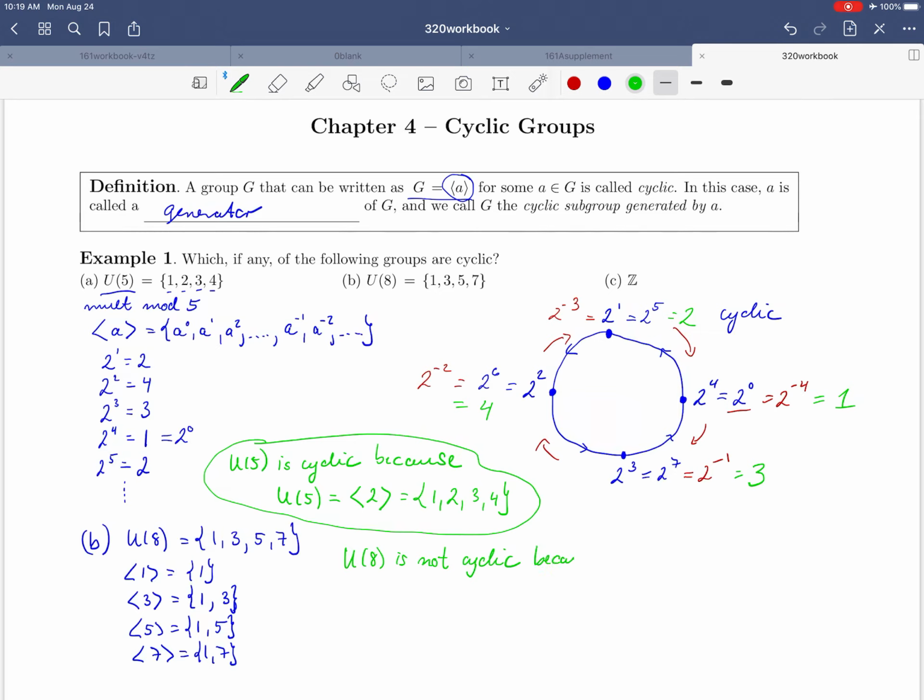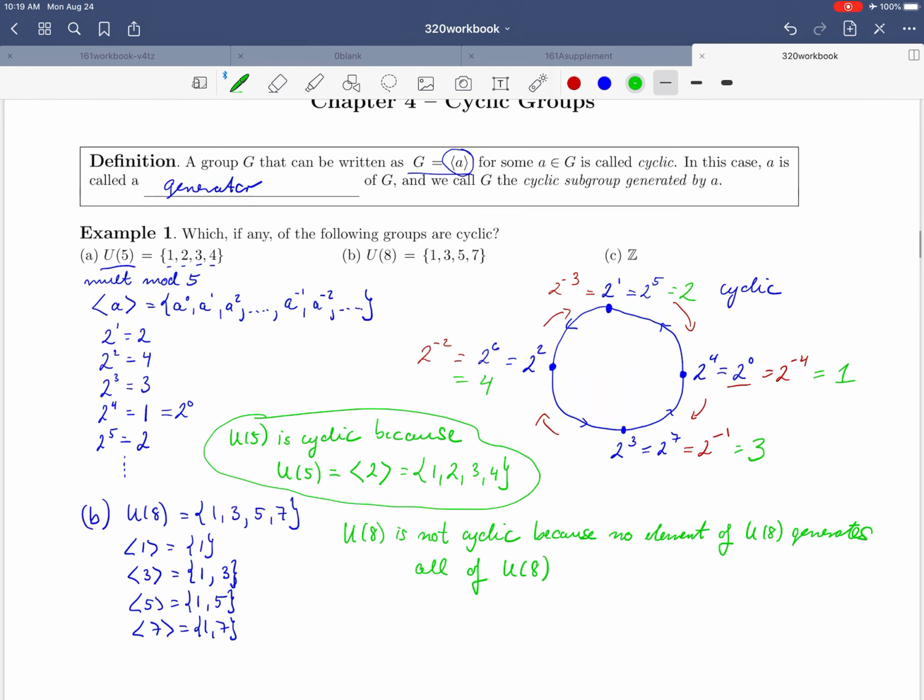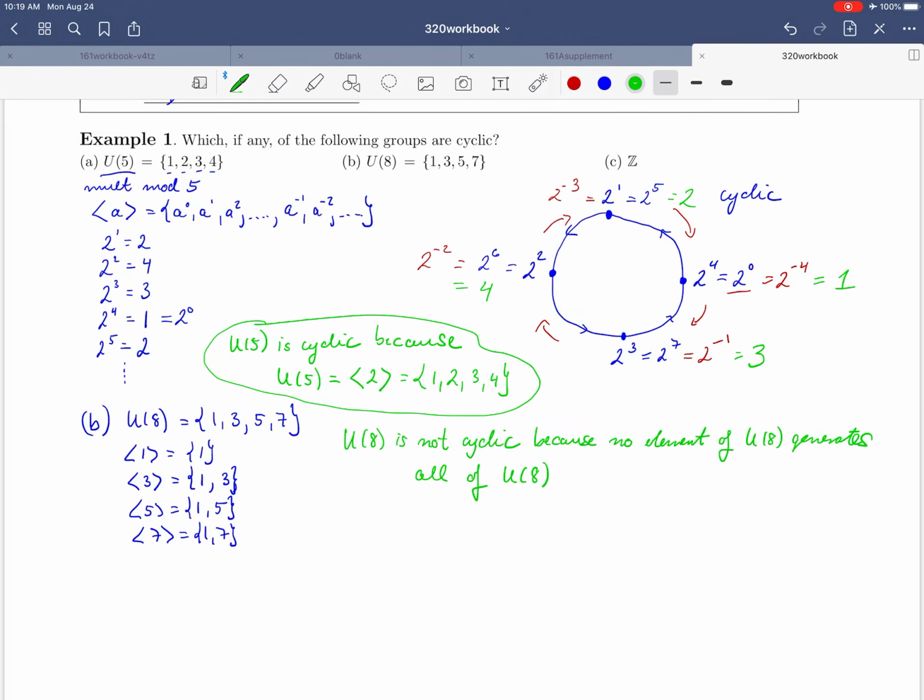Okay. Running a little out of space, but we can look at part C.